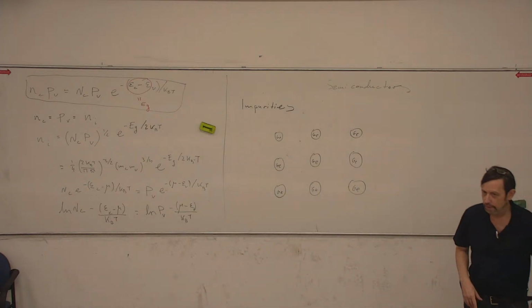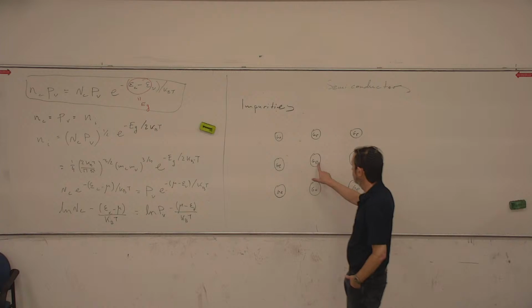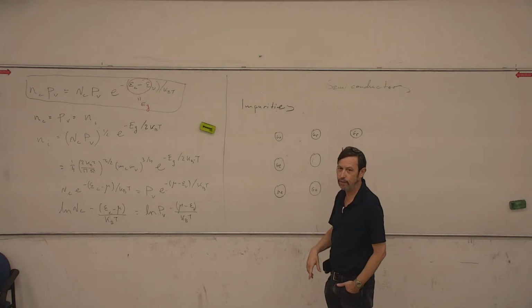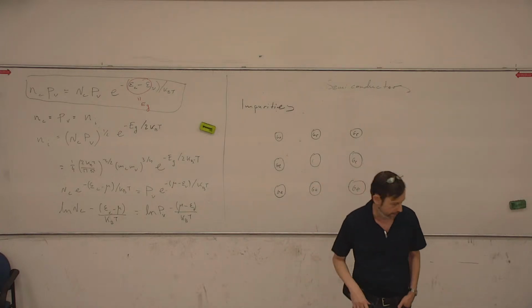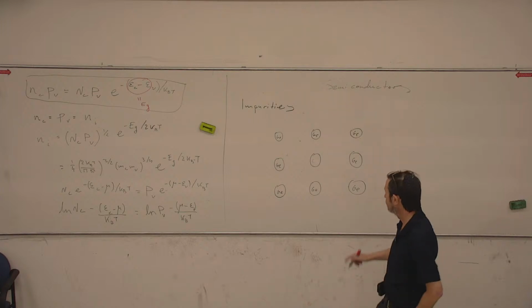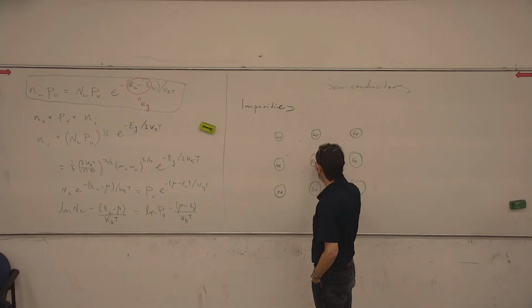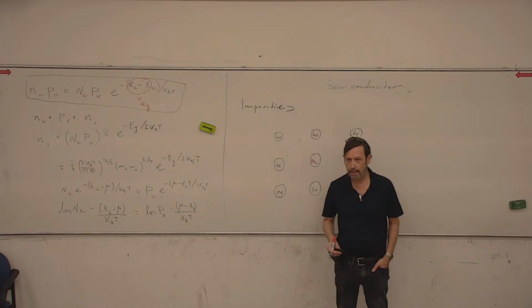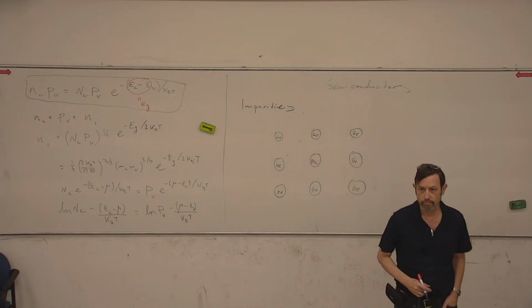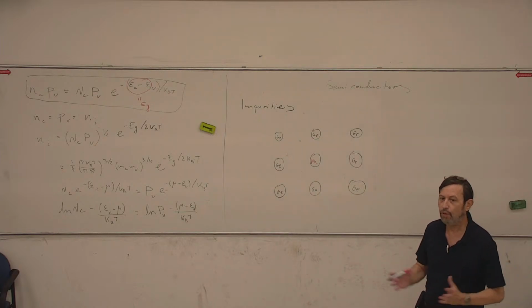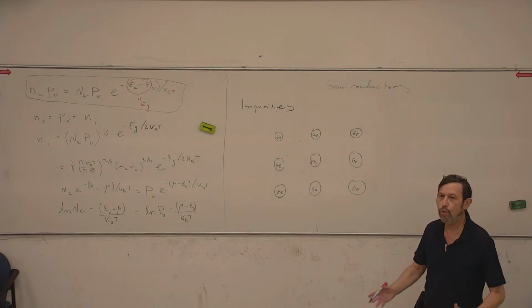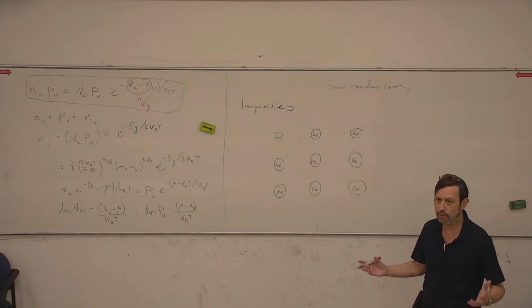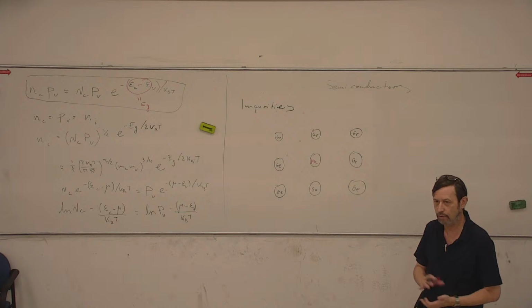Let's assume that for some reason one of the germaniums is replaced by an arsenide atom. Arsenide, for example, has 1 additional electron in its outer shell, 5 instead of 4.